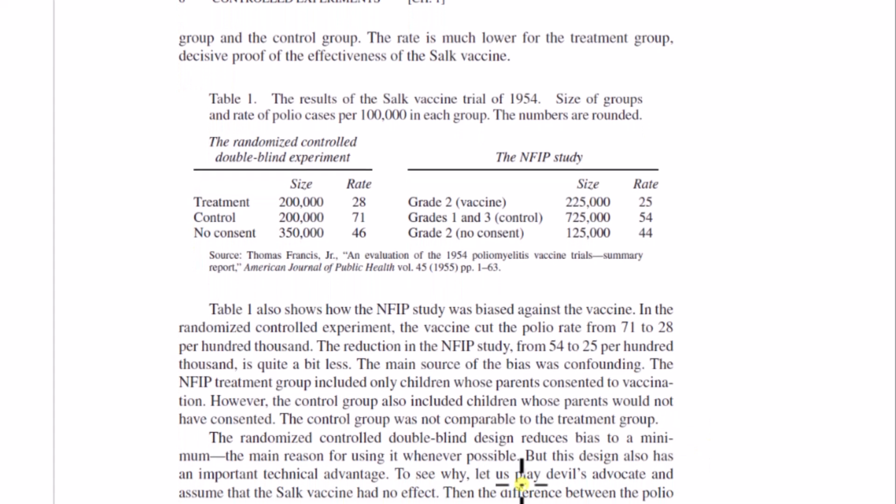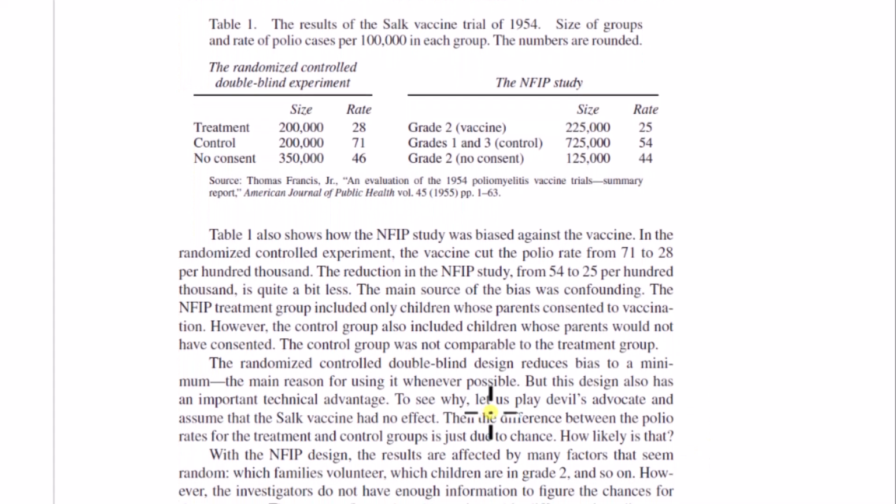Now, it says, let us play the devil's advocate and assume that the Salk vaccine had no effect. All right, so let's assume that we conclude that the Salk vaccine had no effect based on the results of the well-designed experiment.